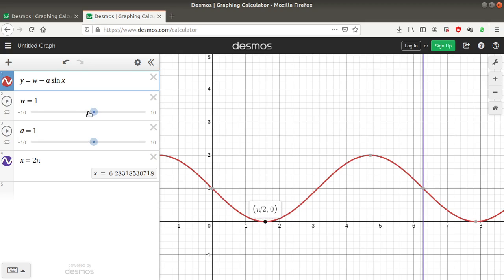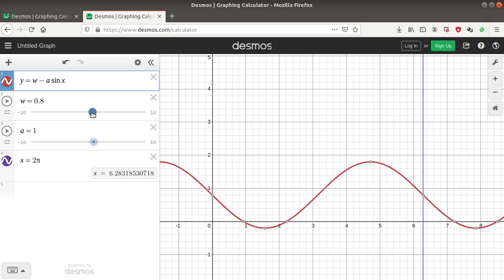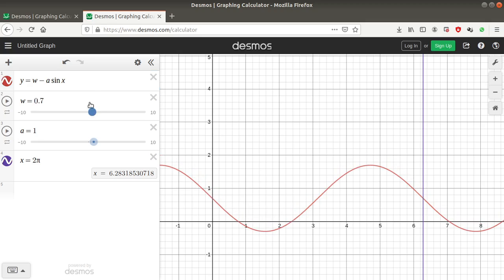Okay, what if my omega is less than a? If I decrease it further, we can observe that there are two fixed points. Among these, which is stable and which is unstable? We use the same method we used for flow on the line. Based on that, the slope is negative, so it's a stable fixed point, whereas this is an unstable fixed point.